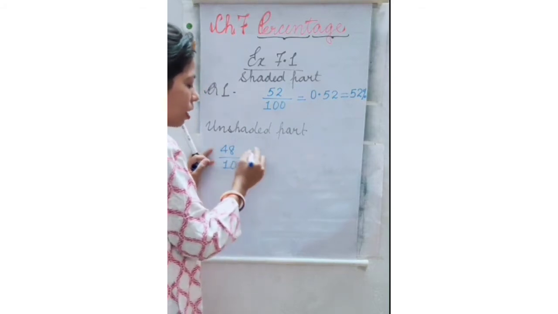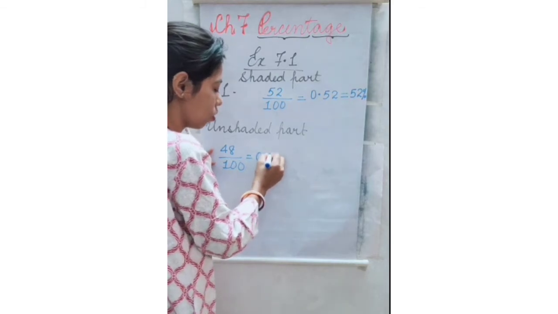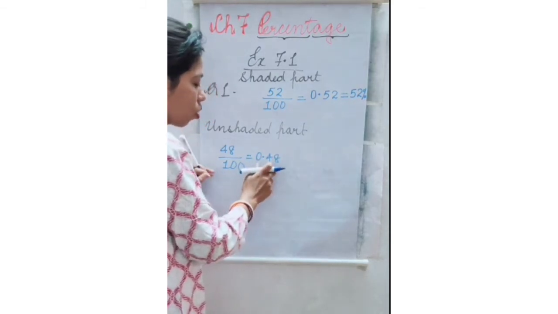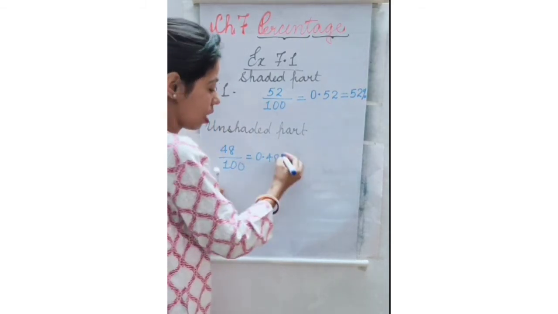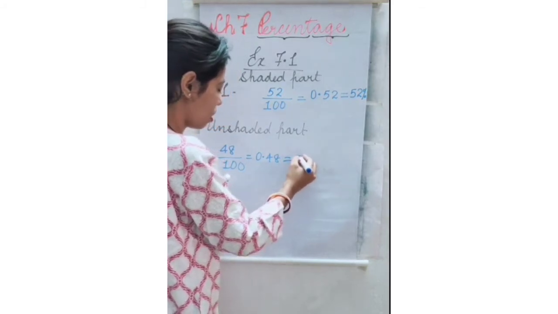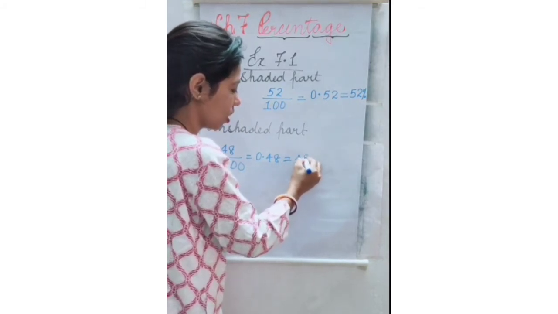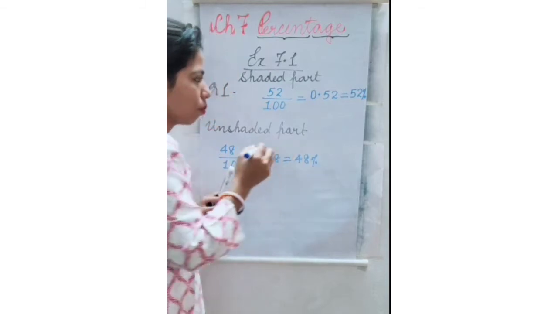In the form of decimal, it will be 0.48, or we can say 48 hundredths. Then in the form of percentage, it will be 48%.